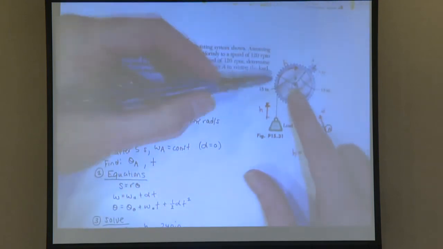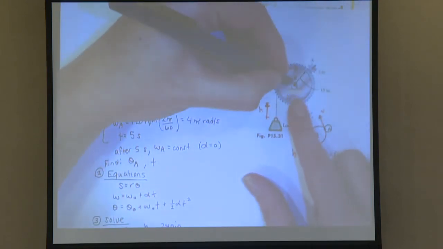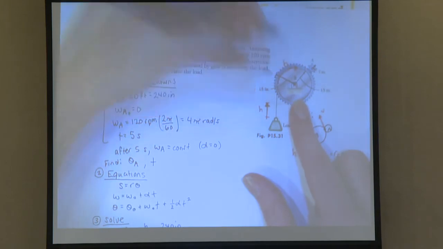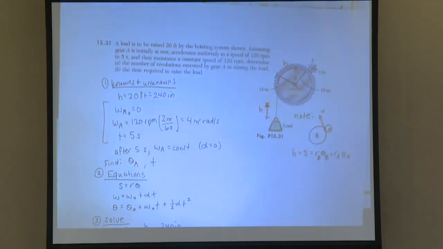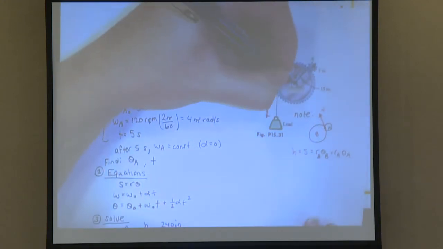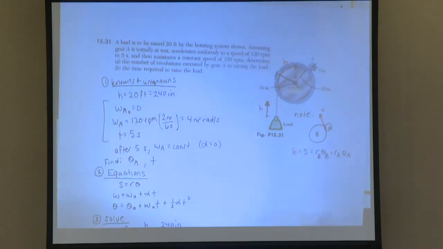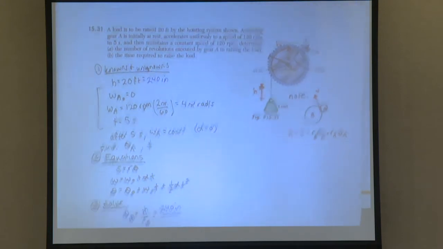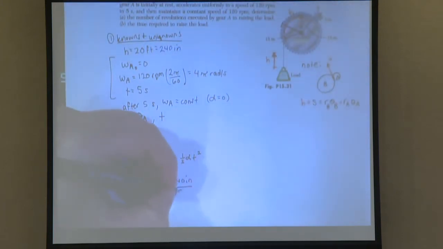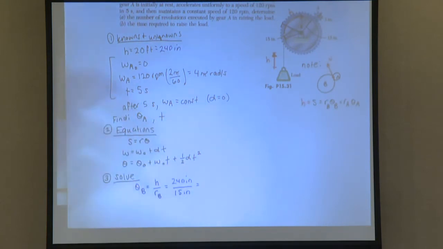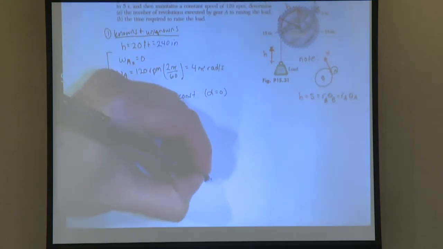Not quite. 15 goes out, so 18 goes to the end of the teeth. 15 goes to like the edge of the disc where it's in contact with the load. So we're going to use 15 for this one. And so that gives us 16 radians.